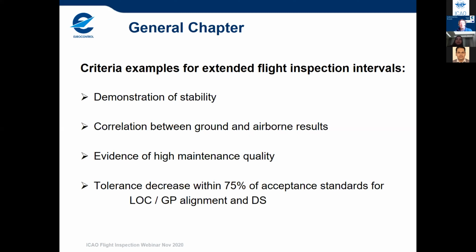If you can keep that to within a smaller space, that means I have a stable equipment and I still have some margin. When I exceed my own tolerances, I make them a bit tougher for myself, so that in the end, Annex 10 tolerance will still be respected, especially on localizer glide path alignment.